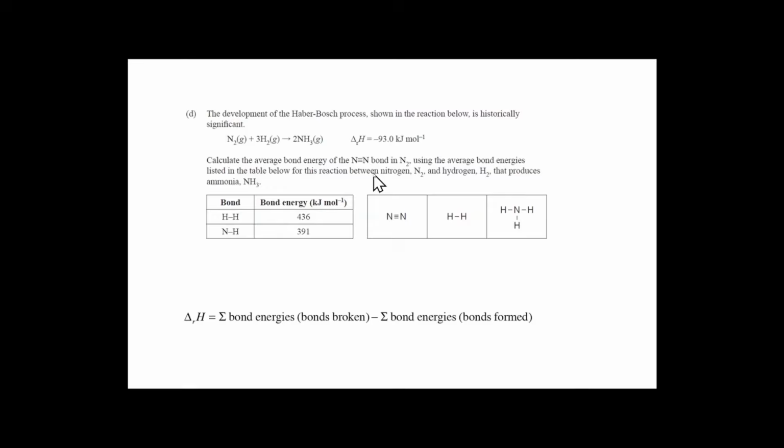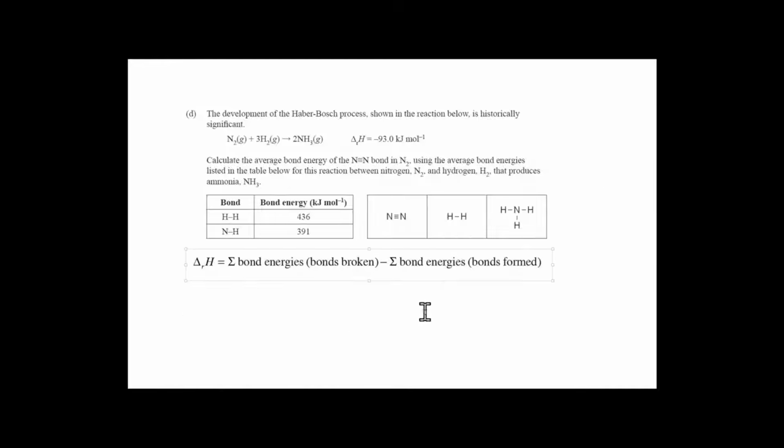Calculate the average bond energy of this triple nitrogen-nitrogen bond using the average bond energies listed in the table below for this reaction. All right, for this one, we really can use this. In fact, we have to use this one in order to solve it.